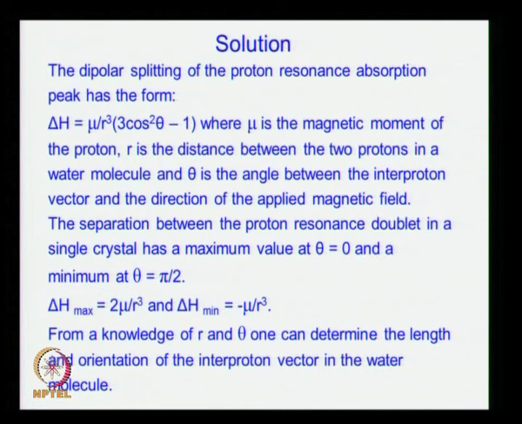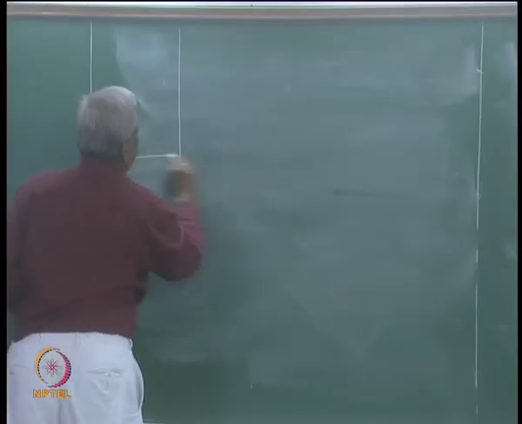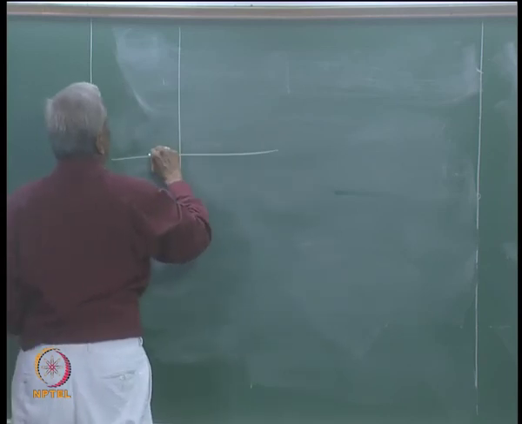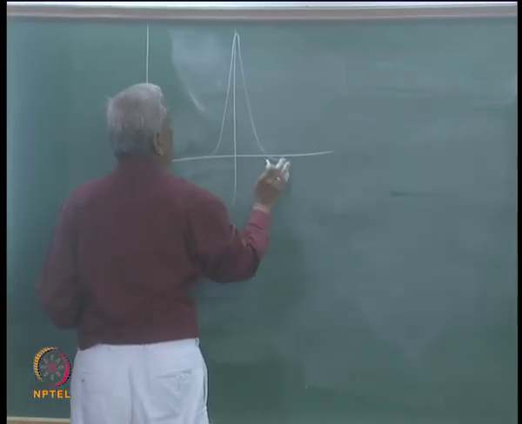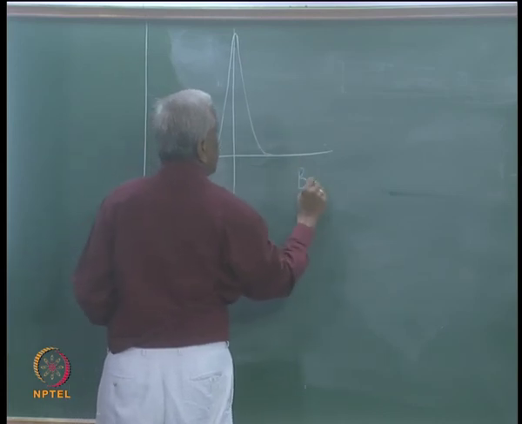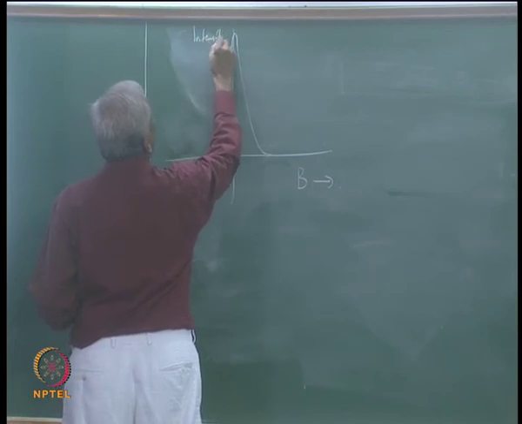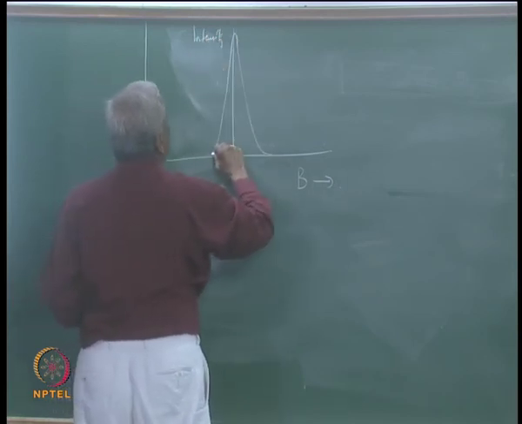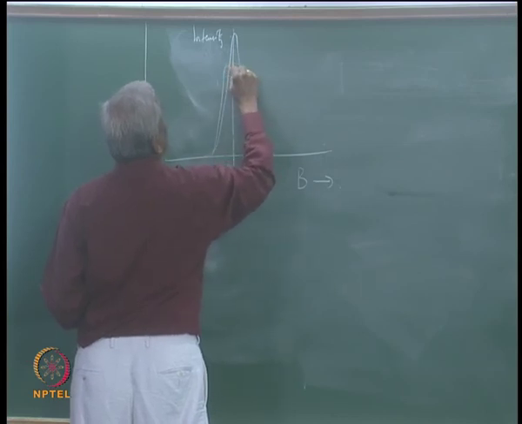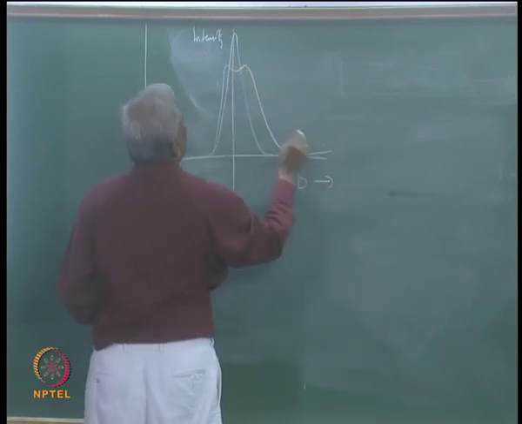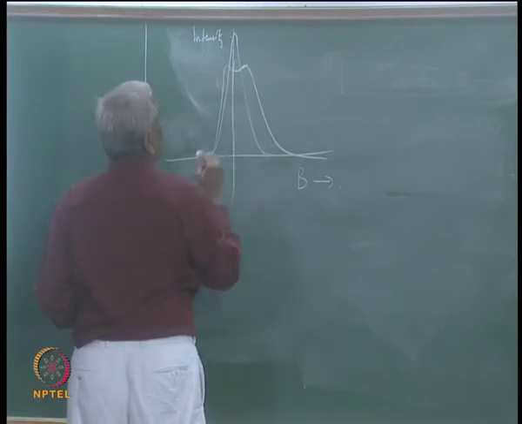So, this means that the dipolar splitting of the proton resonance gives a doublet structure like this. Instead of a single proton resonance peak, we will have a doublet structure somewhat like this.